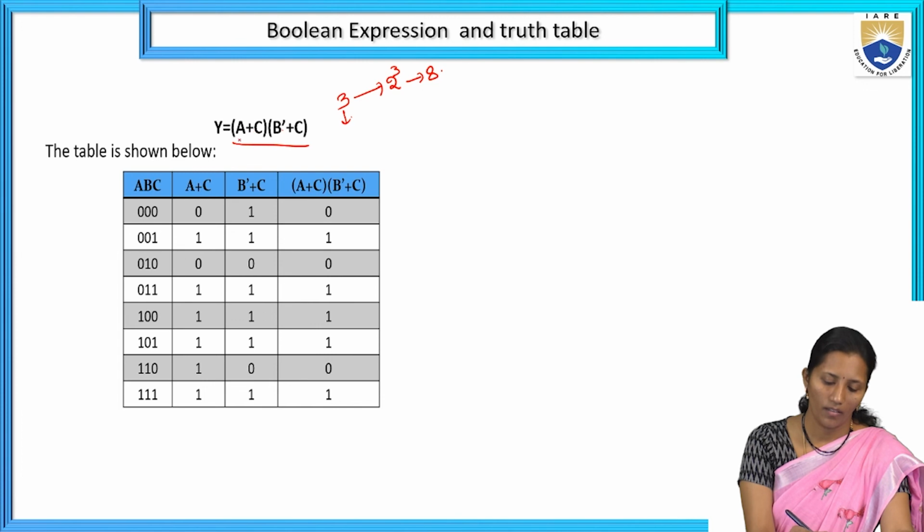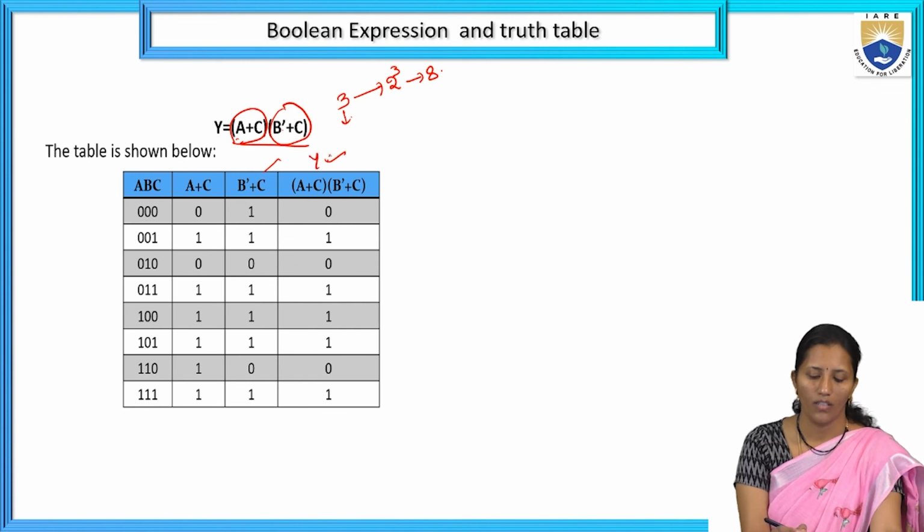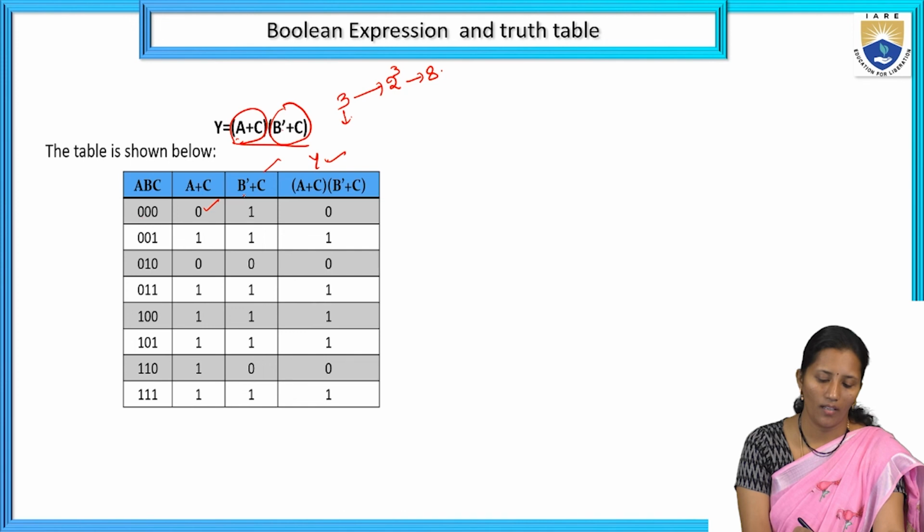Take A plus C as one term and B bar plus C as another term, and the total term Y is the output. So for A plus C, 0 plus 0 is 0. And for B bar plus C, B bar is 1 and C is 0, so 1. We have to realize each function and finally observe the output.